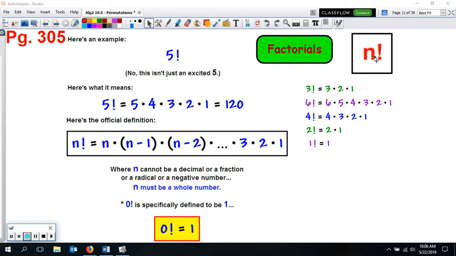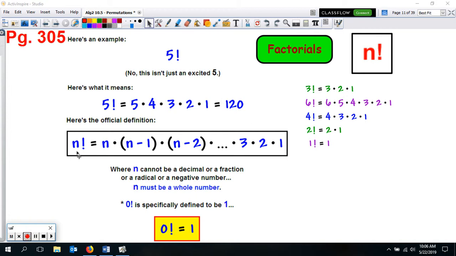So you can write down next to your vocabulary, n factorial, with n and an exclamation point. That's the notation. n would just be the number that you would have. Here's a bunch of other examples. Why don't you go ahead and write down this one here with 5. You can say 5 with the exclamation point equals 5 times 4 times 3 times 2 times 1, and it equals 120.